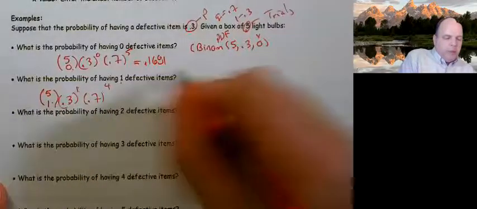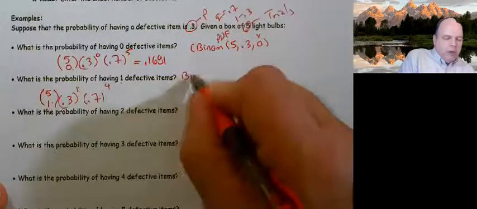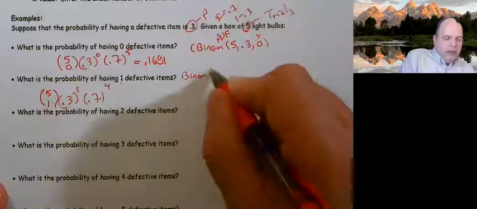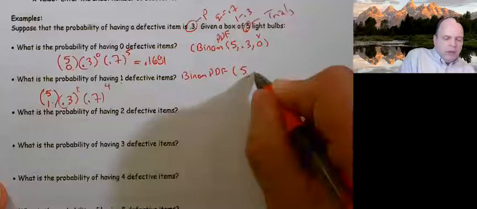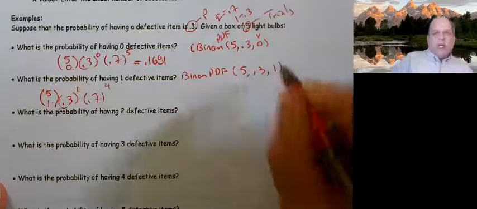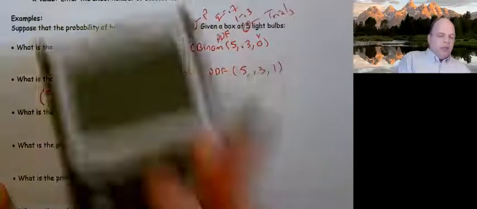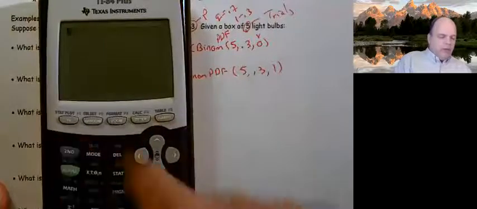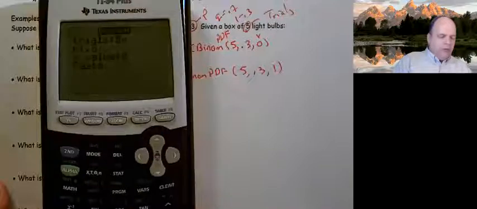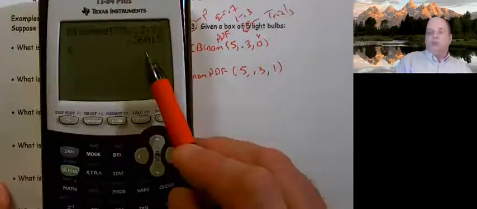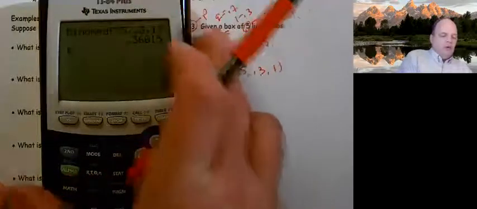Once again, I have a specific number, so this makes it a binomial PDF. 5.31. And I'm just writing this down because that's what I'm going to be putting into the calculator. So second vars binomial PDF, trials is 5, P is 0.3, my X value is 1. And I'm about to speed this up a little bit. 0.3602.